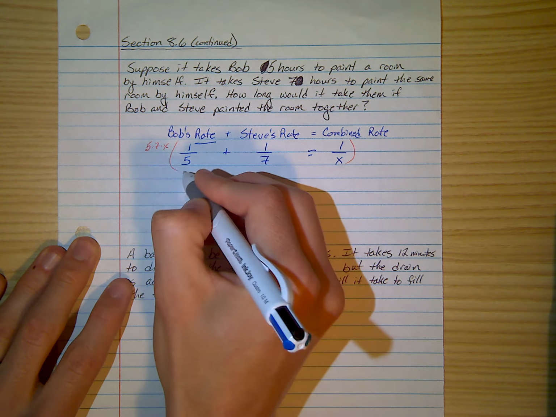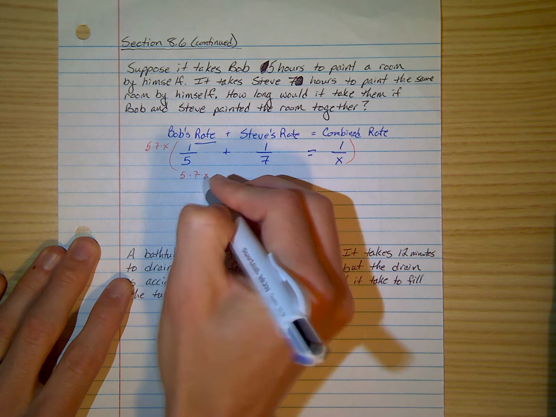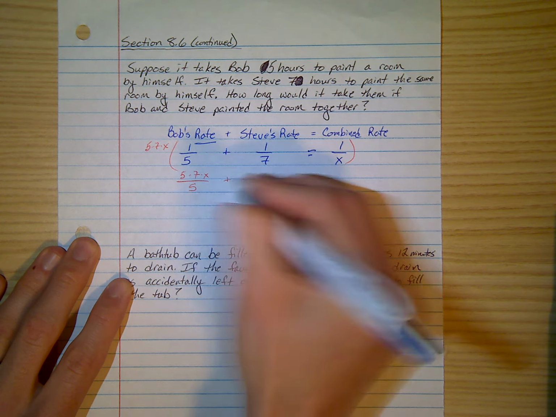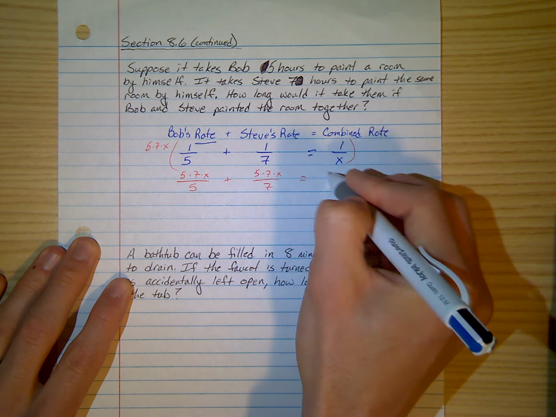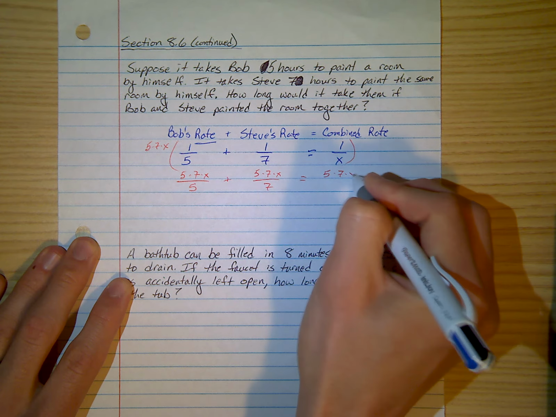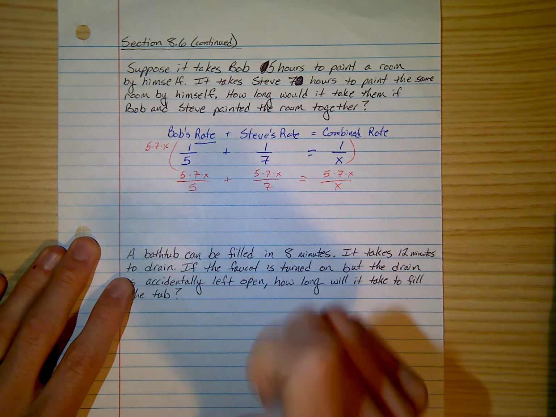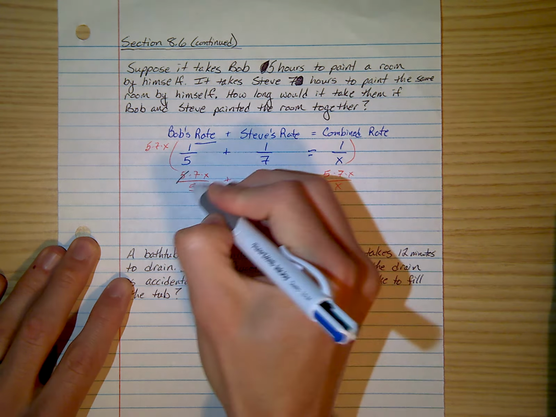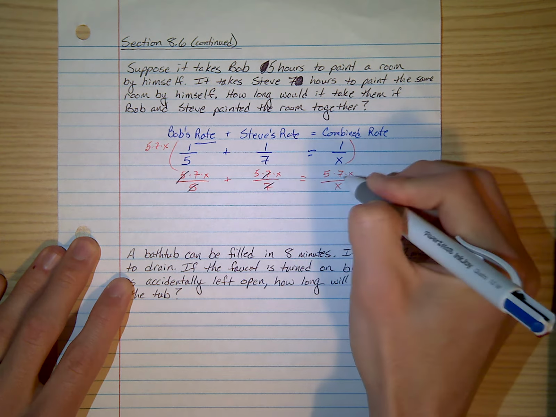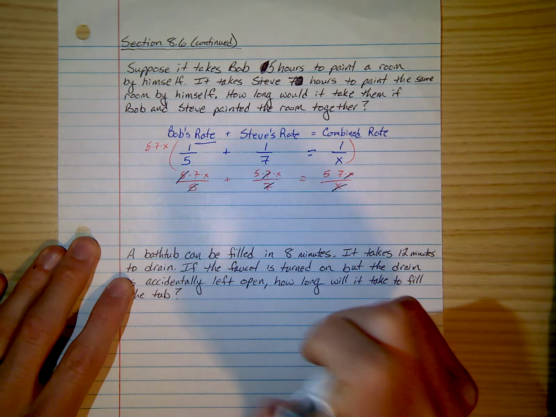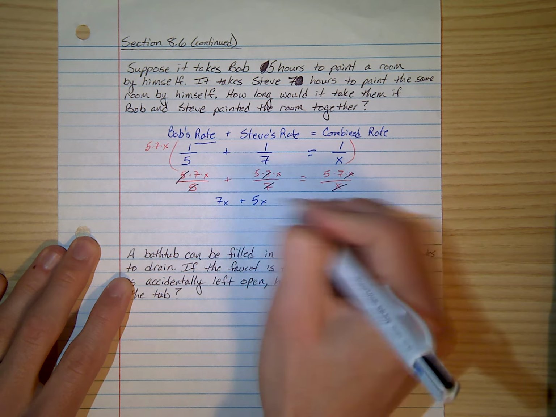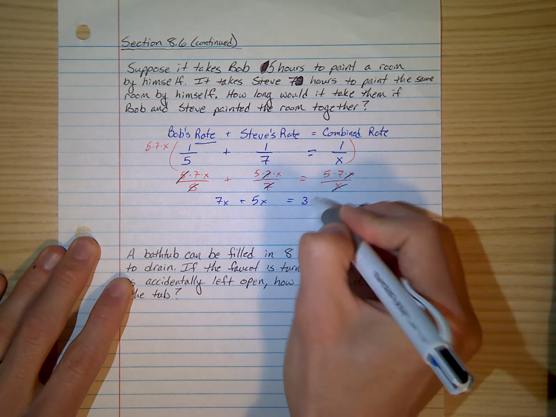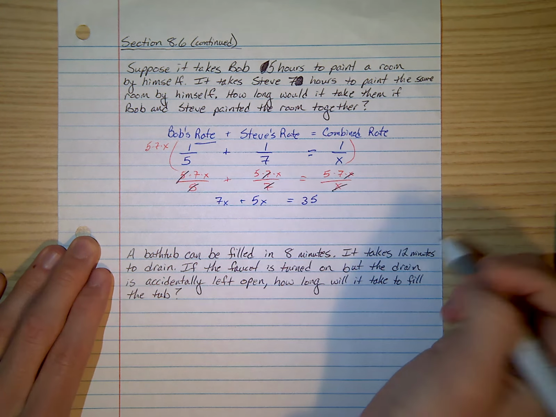So when we do that, we have 5 times 7 times x over 5, plus 5 times 7 times x over 7, is equal to 5 times 7 times x over x. And as you can see, all the denominators are going to cancel out, leaving us with a very simple problem to solve. 7x plus 5x is equal to 35. Much easier to solve, right?